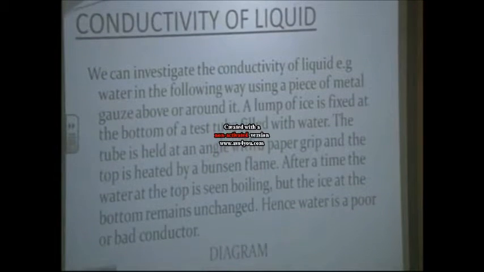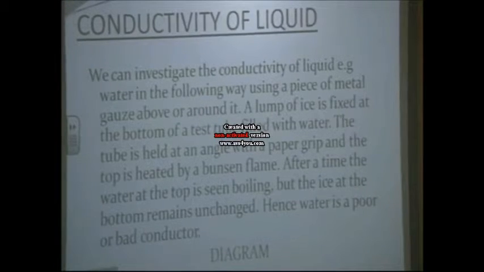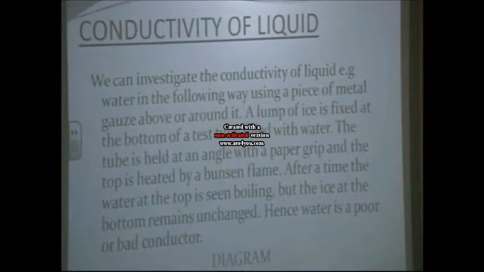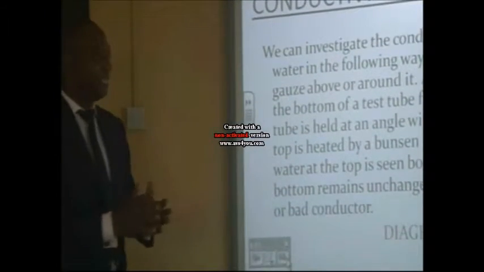But naturally, we want to go into the conductivity in liquid. We find out that water is a good example of liquid, and water is a bad conductor. How do we experiment this? What we do is, let's put some water inside a test tube, as shown on the board, and an ice block is placed at the bottom of the water inside the test tube.